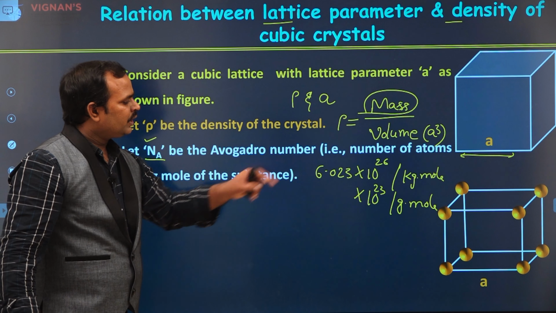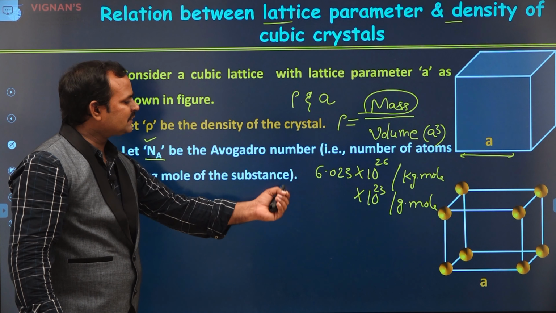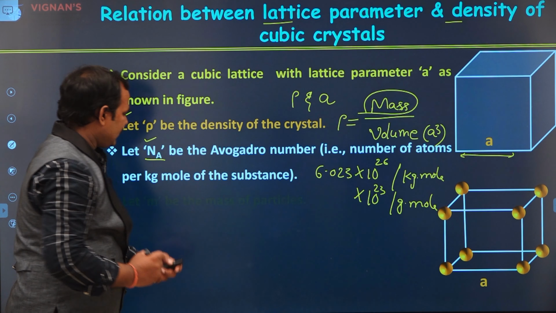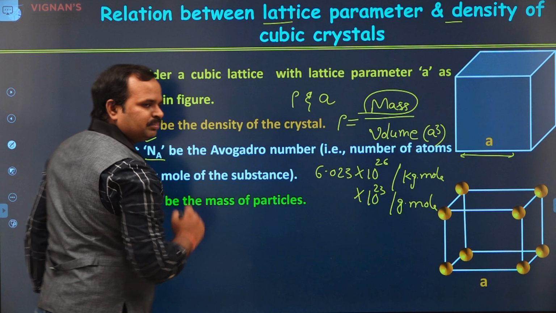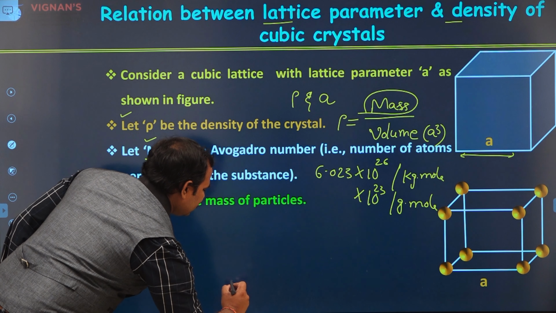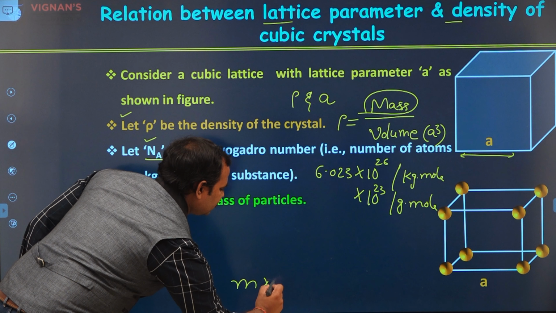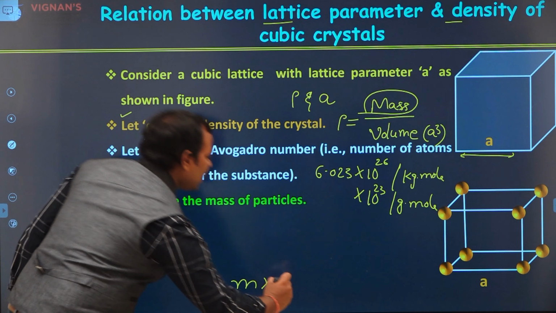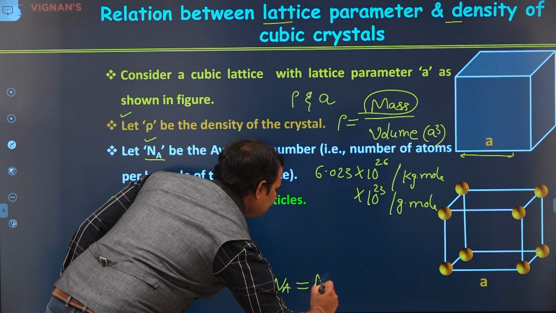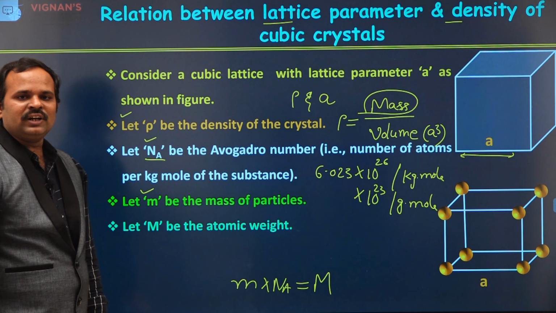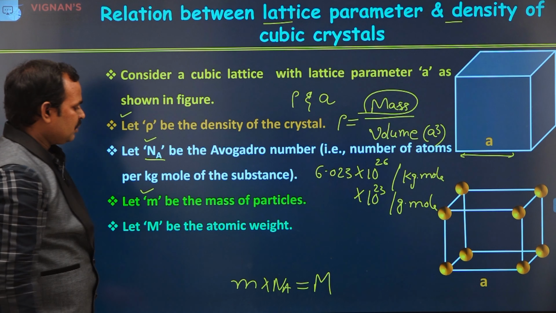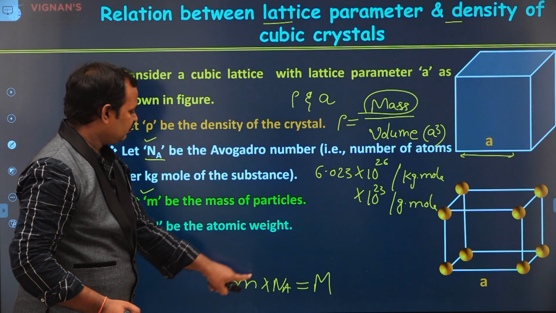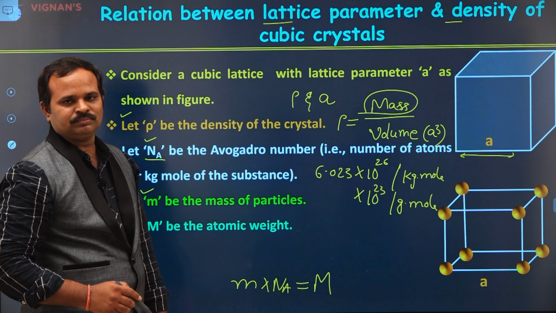Now, let m be the mass of each atom, then multiplication of m with the Avogadro number gives us the molecular weight. Let M be the molecular weight of the substance. The molecular weight is given by multiplying the mass of each atom with the Avogadro number.